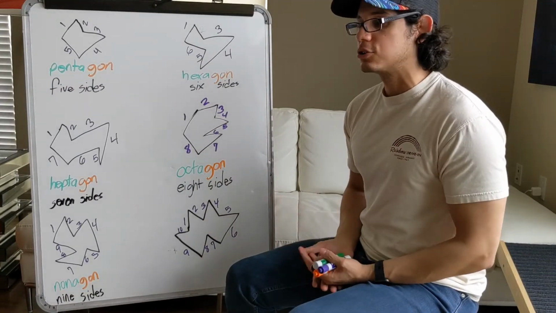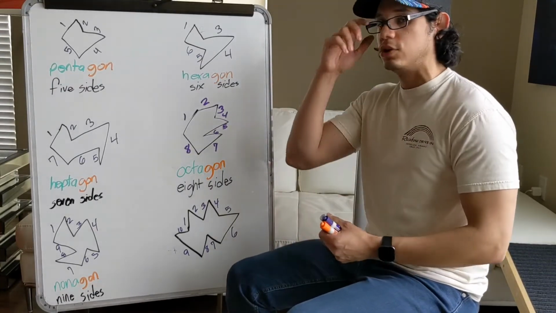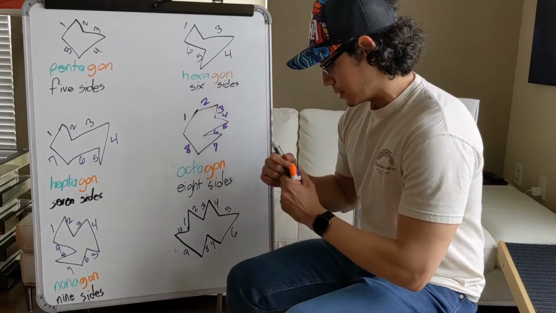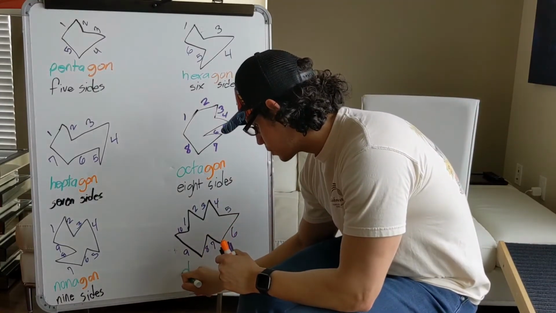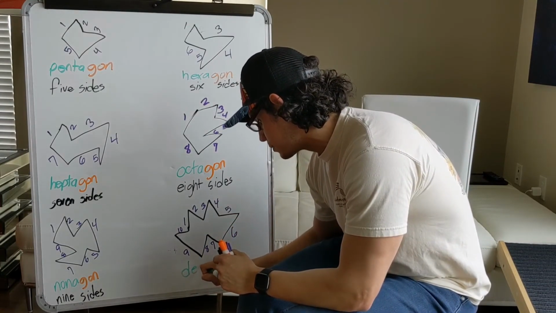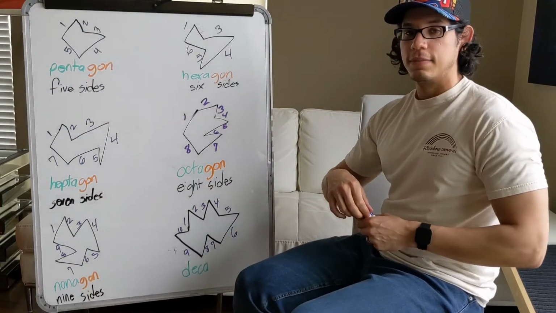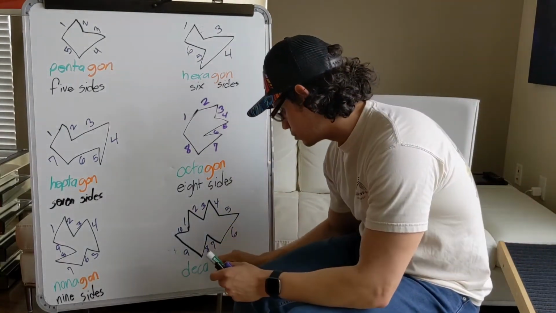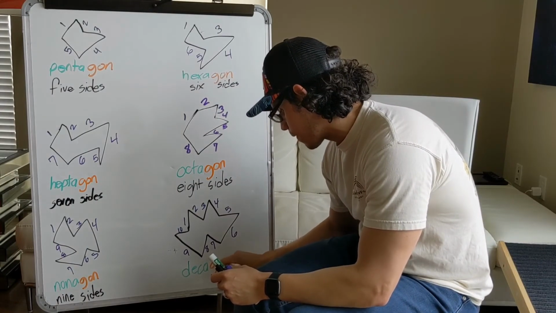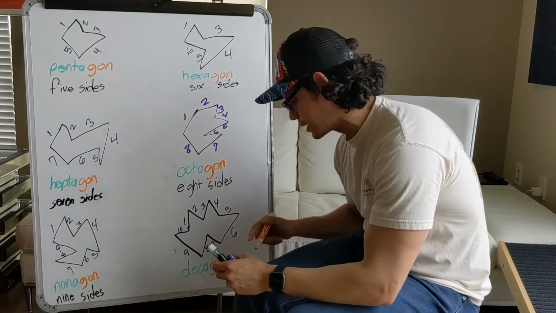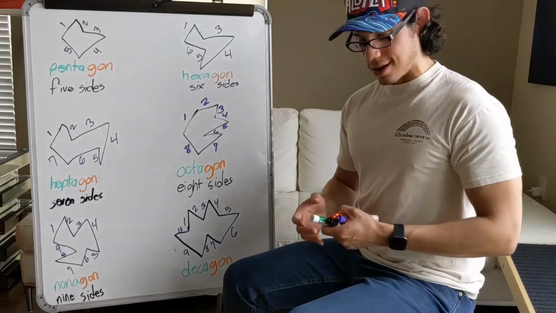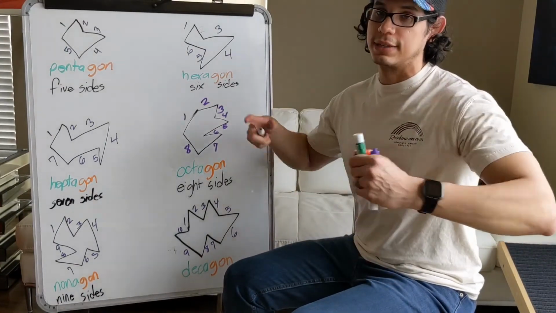So if you look at your anchor chart, you're going to see that for 10, we use deca. Deca, yes. 10. Deca. And then my suffix, gon. Decagon. Decagon literally means 10 sides.